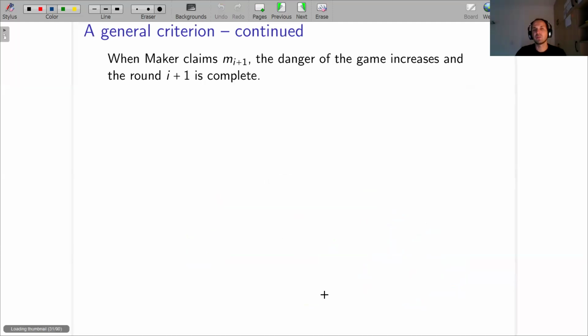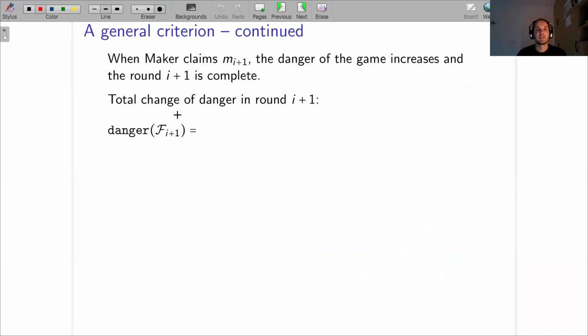Okay, and now it only remains to wrap up. This is the last part of the proof. So if maker claims m_i, then the danger of the game increases. So let's look at what we are looking at.